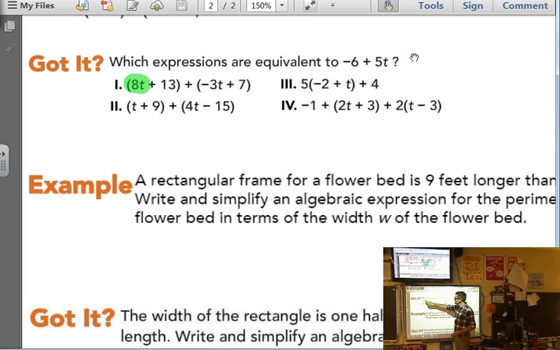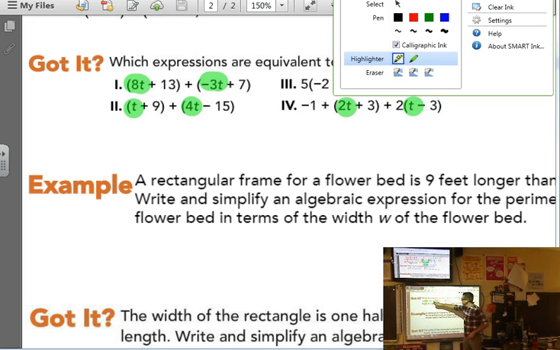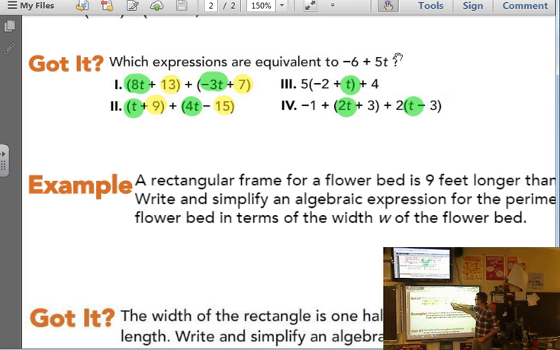My brain works in colors. Whitney, what issues do you see with a couple of these?